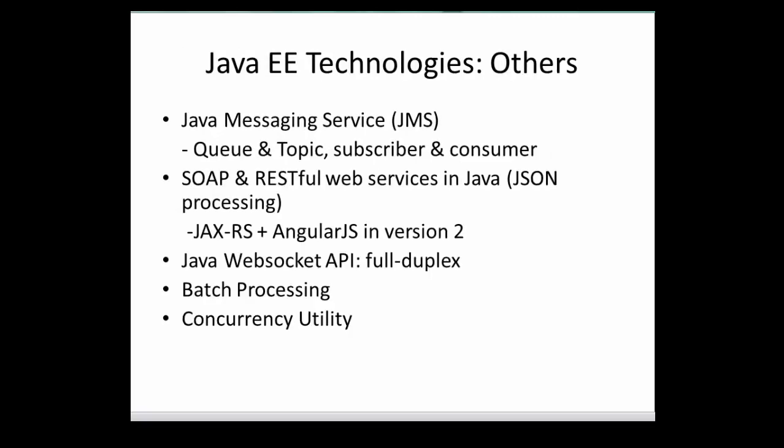So other technologies that we will be exploring will be Java Messaging Service, JMS, which is the queue and topic, or subscriber and consumer, concept in Java EE. Have you ever heard the term MOM, message oriented middleware?